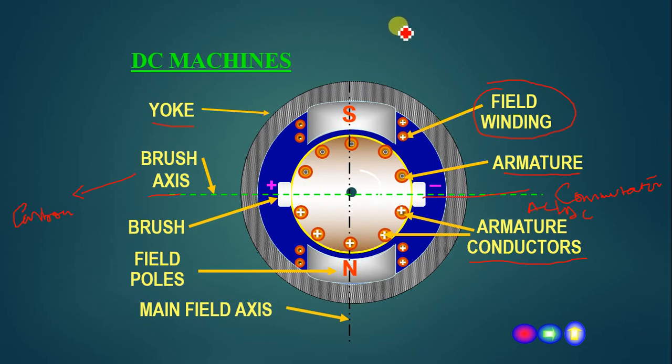That's the reason you require a commutator in order to convert AC to DC. And for supporting the armature, there will be a shaft, with bearings on either end. Since it is rotating, you should minimize the friction, and hence there are bearings.